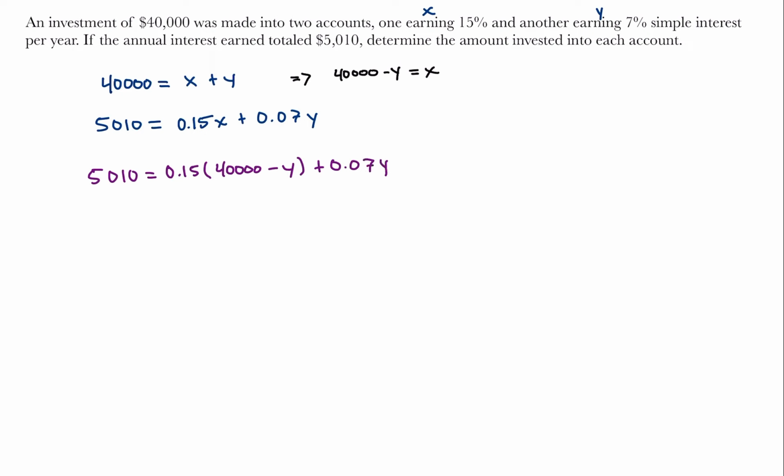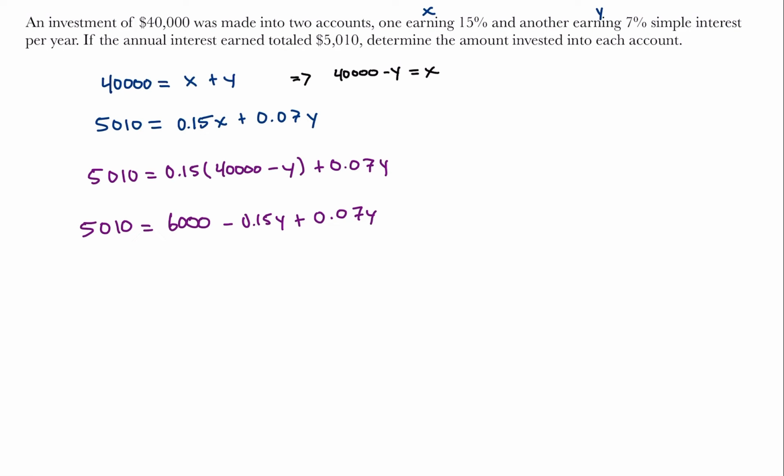Now I will distribute this 0.15 across. So 5,010 is equal to 6,000. That's 0.15 times 40,000. And then minus 0.15Y. That's 0.15 times negative Y. Plus my 0.07Y still.